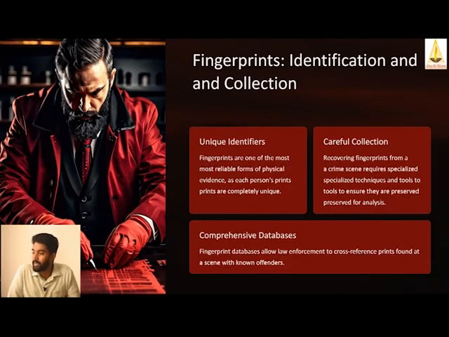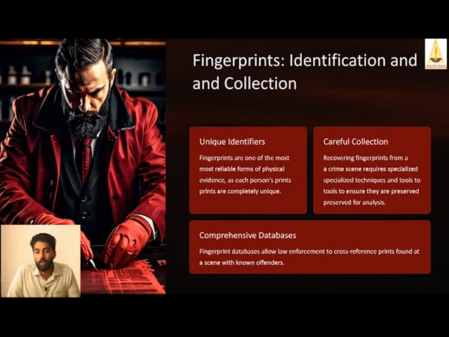Recovering fingerprints from a crime scene requires specialized techniques and tools to ensure they are preserved for analysis. Nowadays, we have a crime scene kit which contains a separate fingerprint kit that carries all the equipment and tools necessary for collection and preservation of fingerprints. Fingerprints can be collected using various methods.